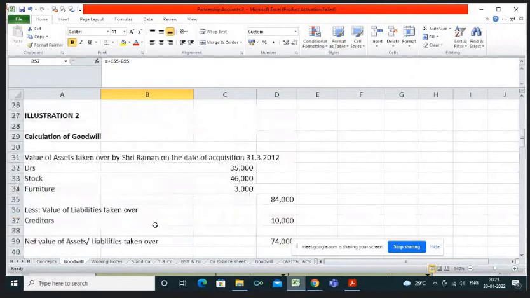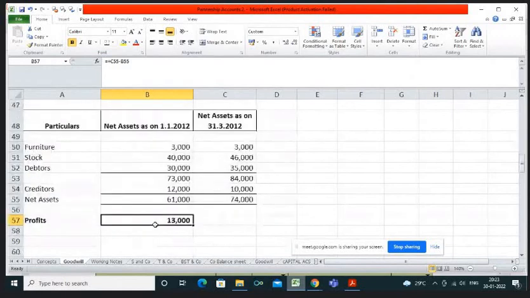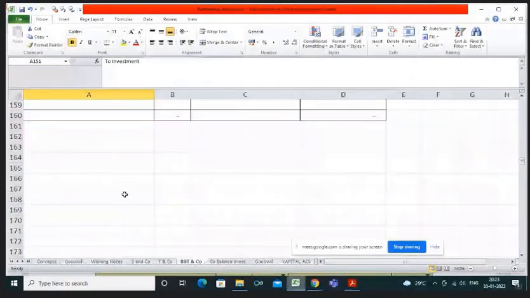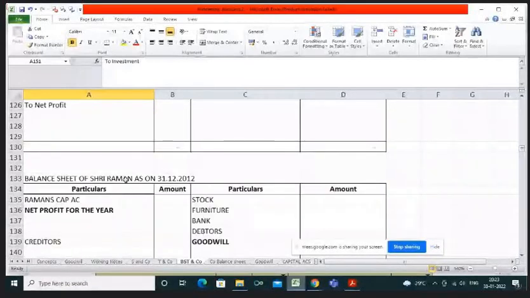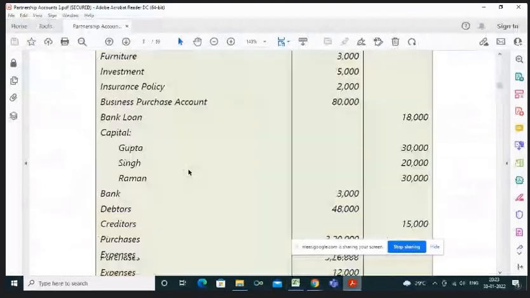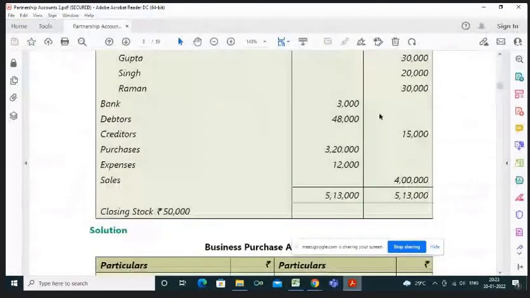So these two are the working notes necessary for us. Now we can move on to prepare the profit and loss account and balance sheet. Before we proceed to the balance sheet, we have to work out the profit and loss. For the entire year, we can take sales from the trial balance.